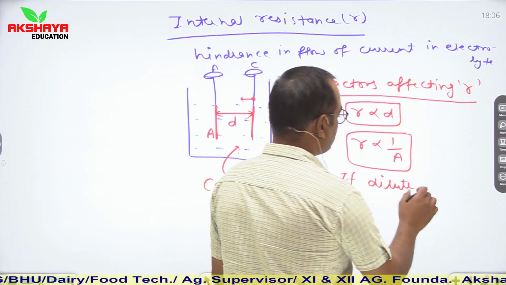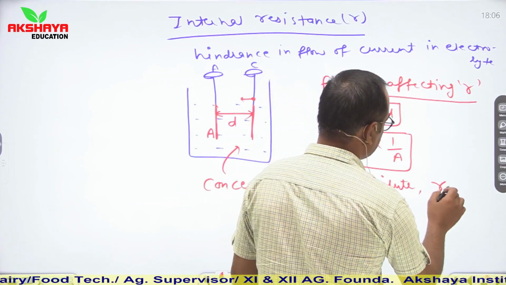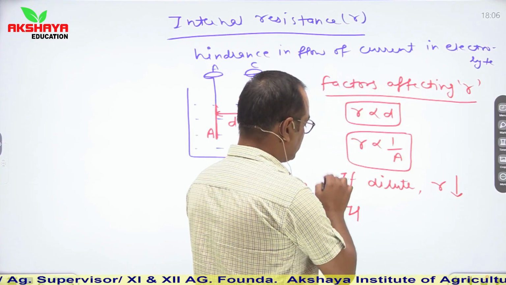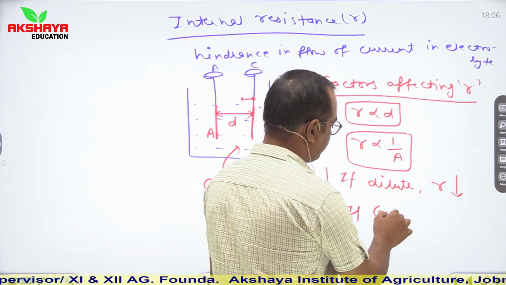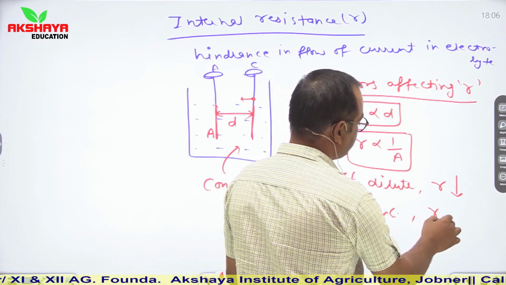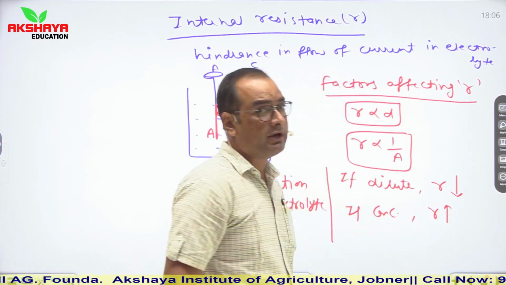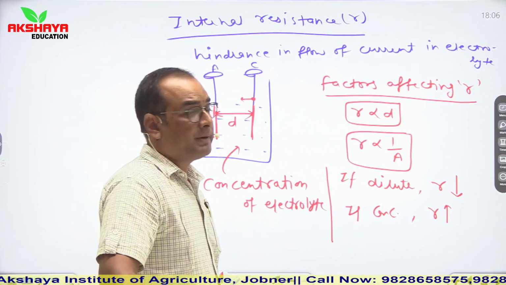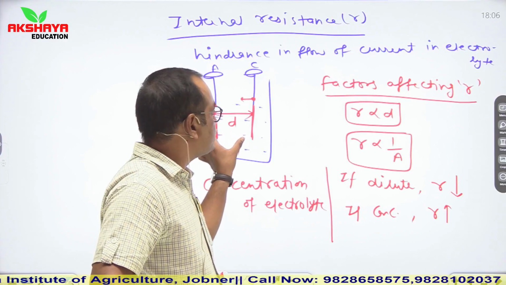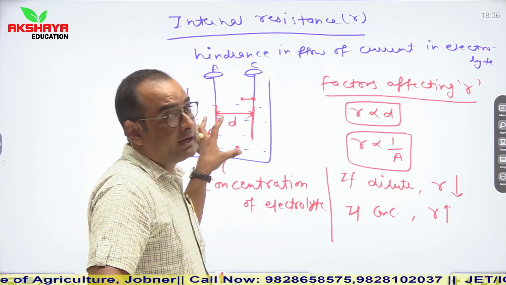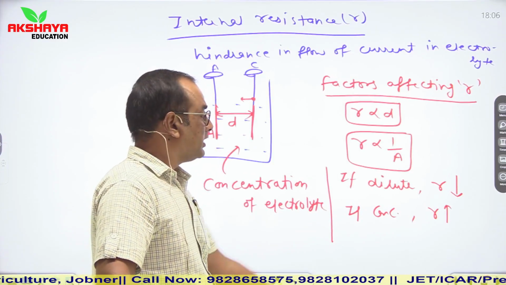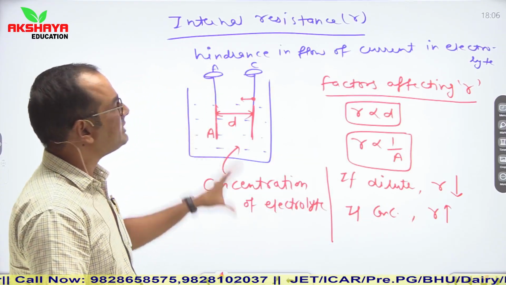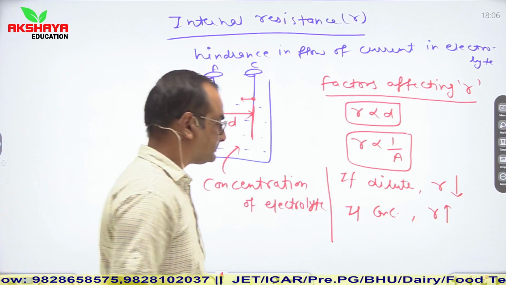It means in case of dilute electrolyte, resistance is decreased, and if electrolyte is concentrated, then resistance will increase, because it will travel with very low pace. As particles or molecules of this electrolyte are much closer, resistance will be increased. So these are some factors which affect internal resistance of a cell.